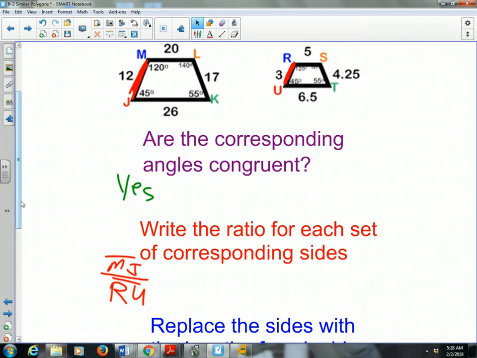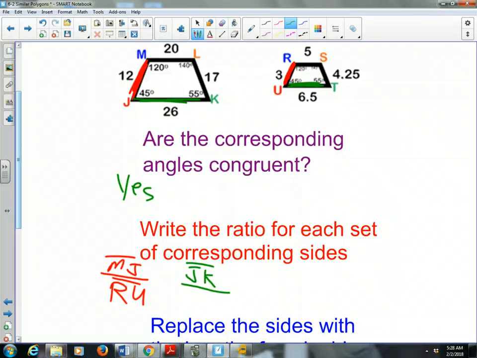So my next ratio that I'm going to write down here is JK. And what does segment JK correspond to? It corresponds to UT.